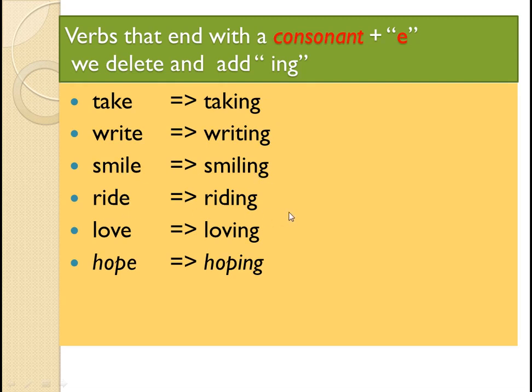Smile smiling, write riding, love loving, hope hoping. This rule shows that when you want to use the verb in present continuous and that verb ends with a consonant, after the consonant is letter e, so you have to delete e before adding ing.